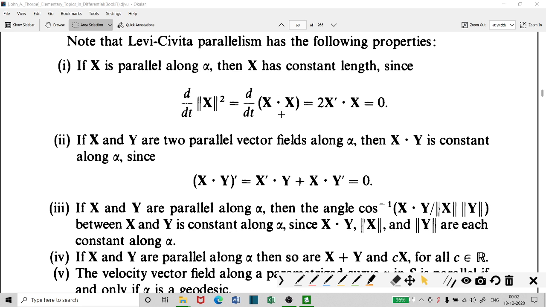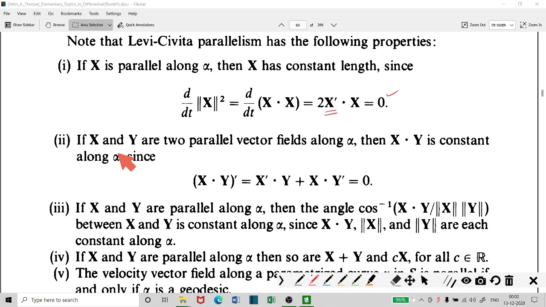We can write this in terms of covariant derivative, as we have already discussed the properties of the covariant derivative. So that is x prime dot x plus x dot x prime, so that is 2 times this. Since x is Levi-Civita parallel, the covariant derivative is 0, so this dot product is 0.